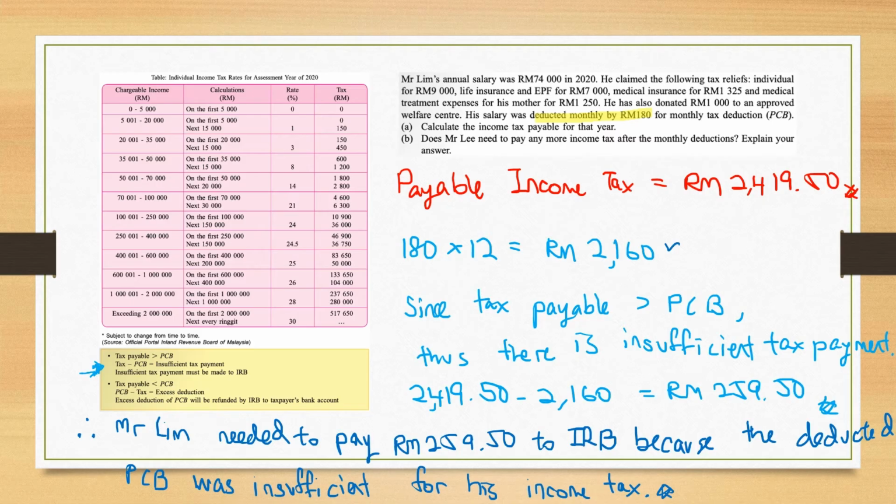There you go, we've done it. We finally answered this question, part A and part B, and we have finally solved a monthly tax deduction question.